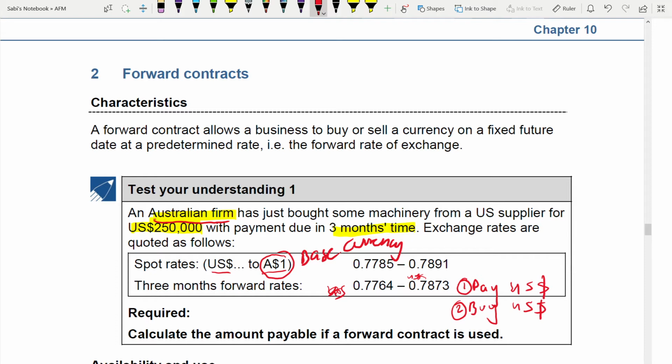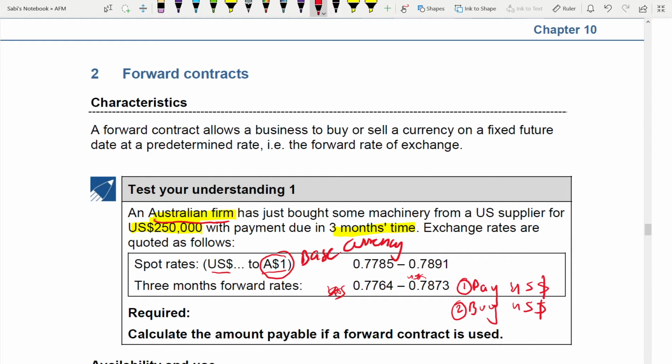So you have to buy US dollar. You cannot go to the bank and buy US dollar directly because you are an Australian firm. You have only Australian dollar in your hand. So you have to go and sell your Australian dollar to the bank and buy from them US dollar.